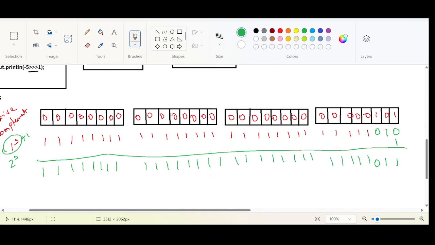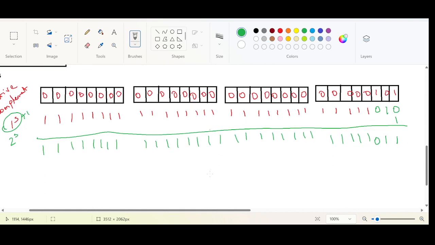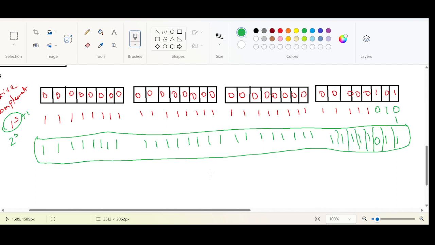So I am saying that this is representing -5. Let me create blocks for better understanding. I am separating each and every bit with a block. Internally, this is getting represented as -5.